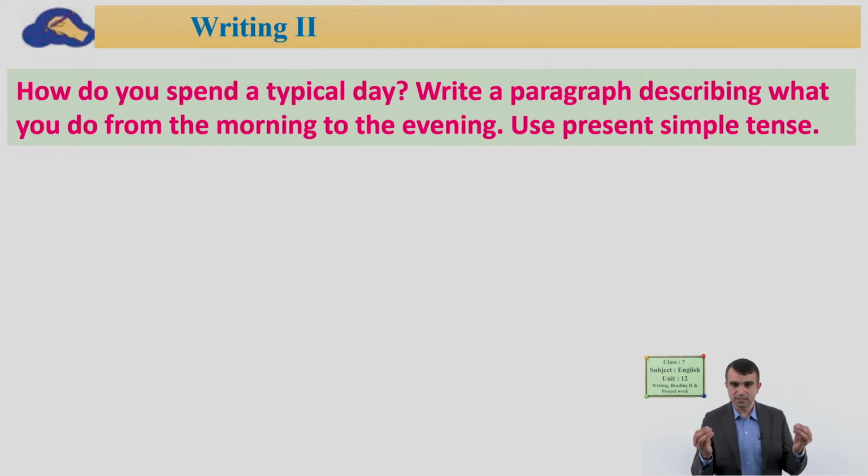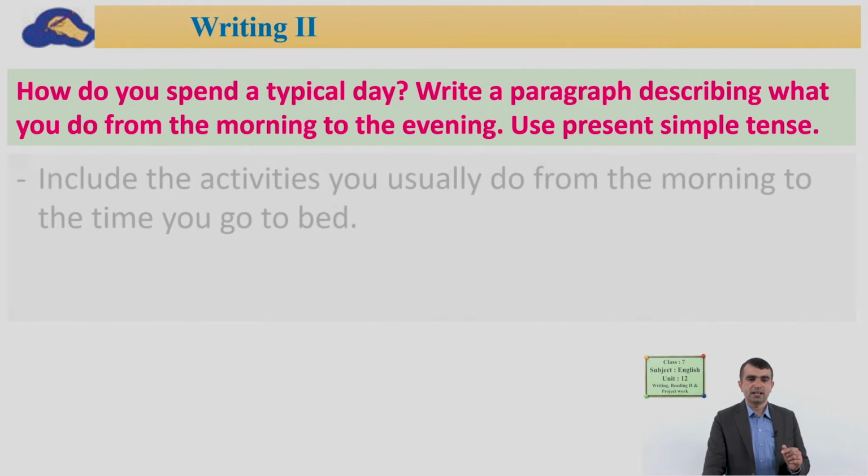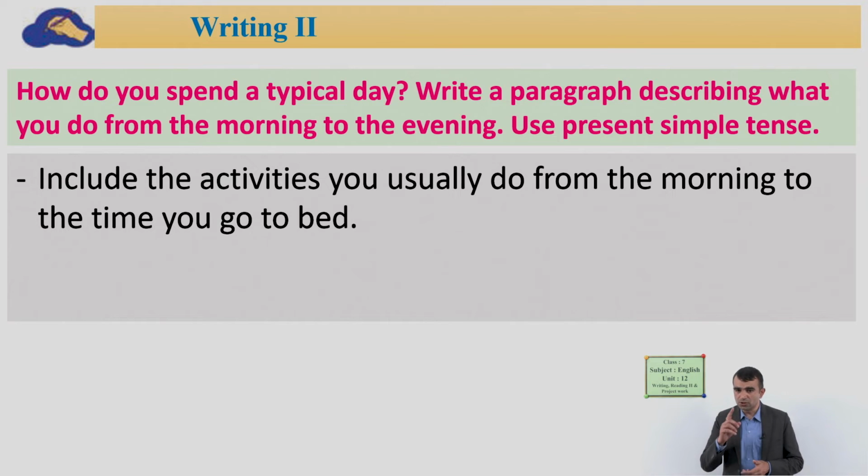Okay, that is the question, isn't it? This is based on grammar second given in this unit. Use of simple present tense, isn't it? Now here include the activities you usually do from the morning to the time you go to bed. All the activities from morning to evening.